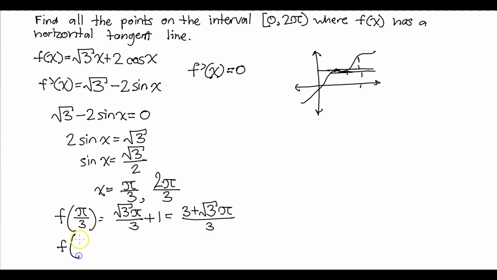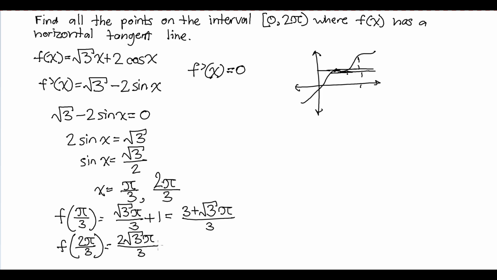f of 2 pi over 3 equals 2 root 3 pi over 3 plus 2 times the cosine of 2 pi over 3. Think unit circle: 2 pi over 3 is greater than pi over 2, which makes the cosine negative, so the cosine of 2 pi over 3 is negative 1/2.